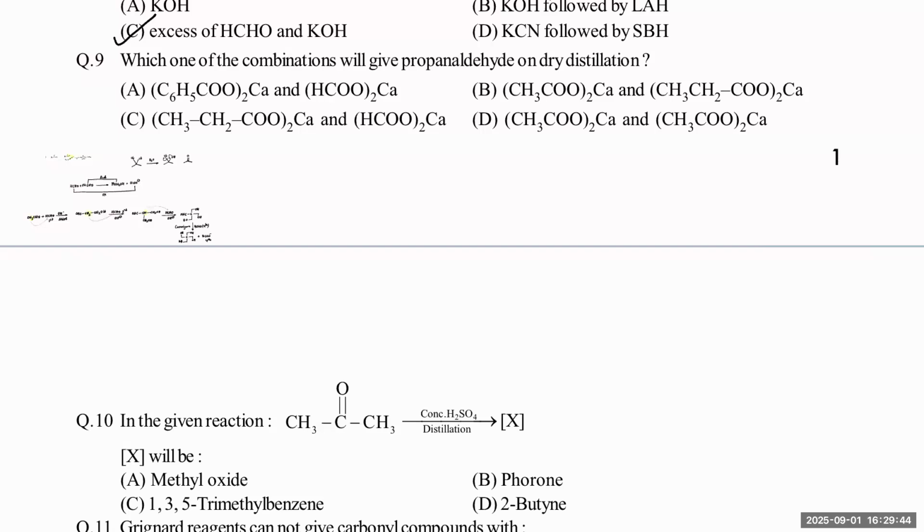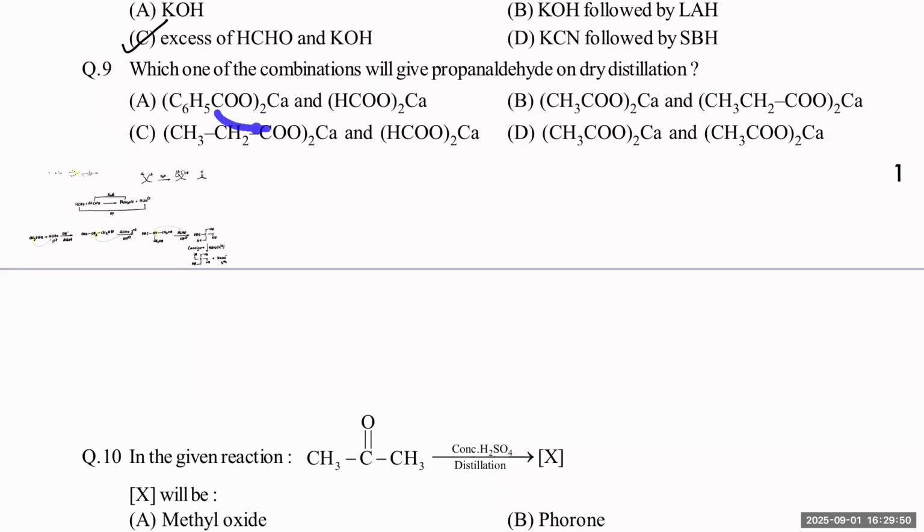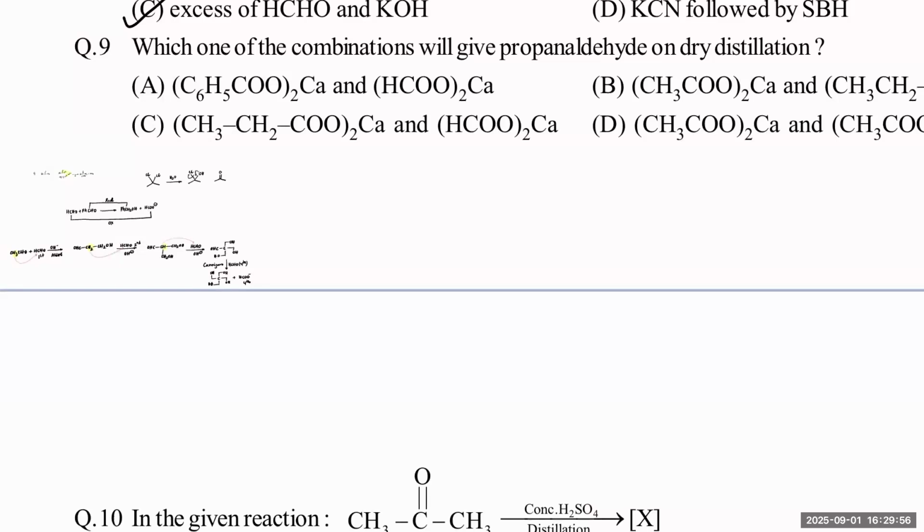Which of the following combinations will give propanaldehyde on dry distillation? Let us see both of them. If these two make a cross distillation between them, the product will become PhC double bond O, and from here H will come.